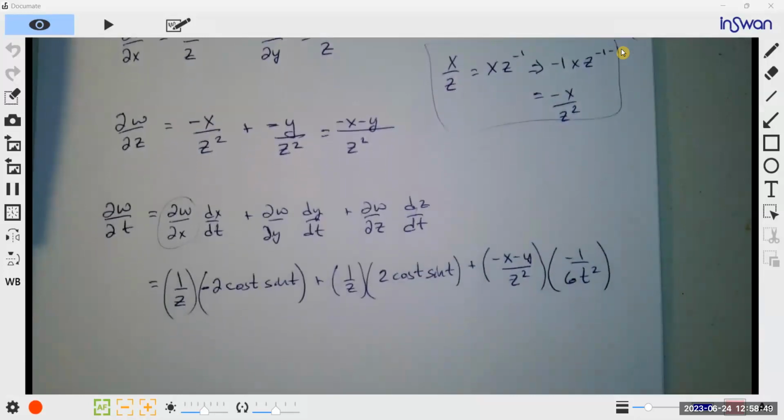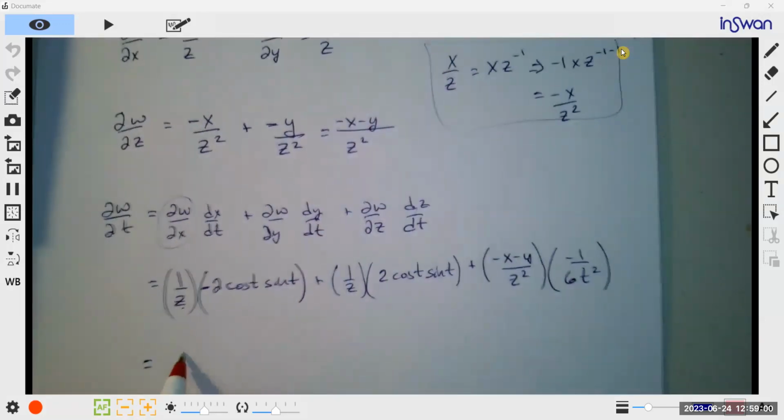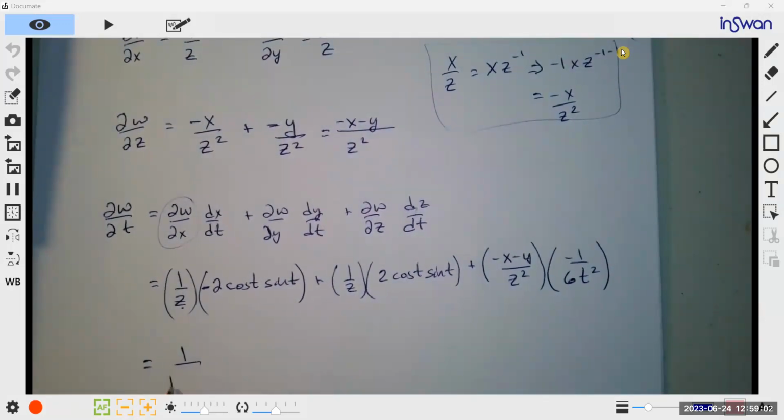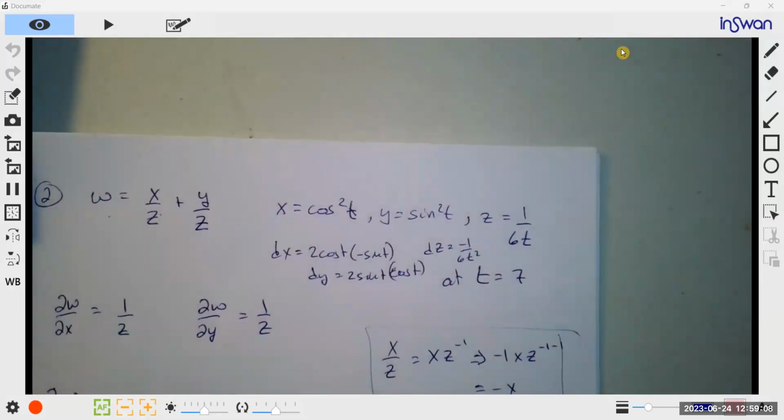Okay. Now we have to substitute x, y, and z with respect to the functions of t. We have 1 over 6t. Remember, z is equal to 1 over 6t.